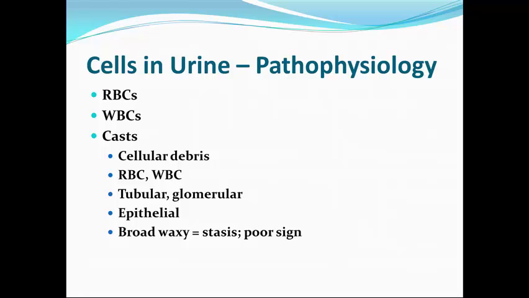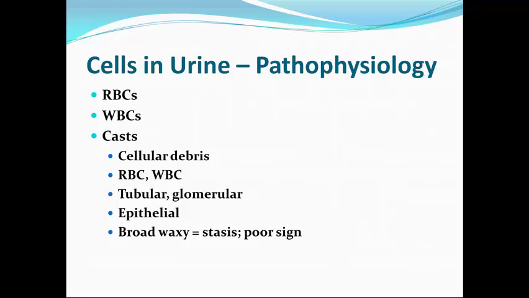These casts may be either tubular or glomerular. Great clue, because if they are tubular casts, you know the pathology is in the tubular system. If they are glomerular cast-off cells, you know that this is a glomerular pathology. We also look for epithelial cells. Epithelial cells tell us that the epithelium, that lining of all of the nephron structures, is under stress.